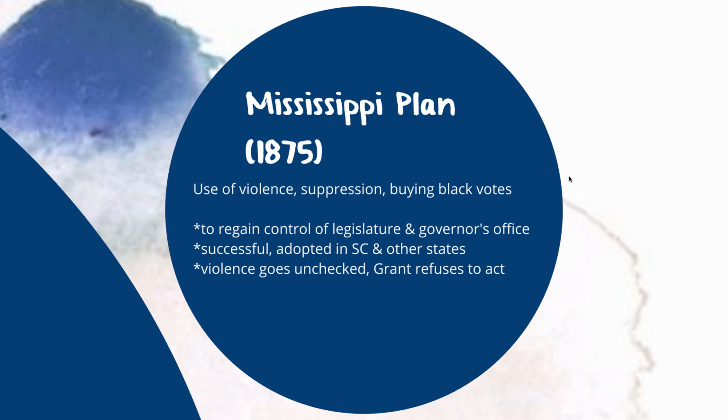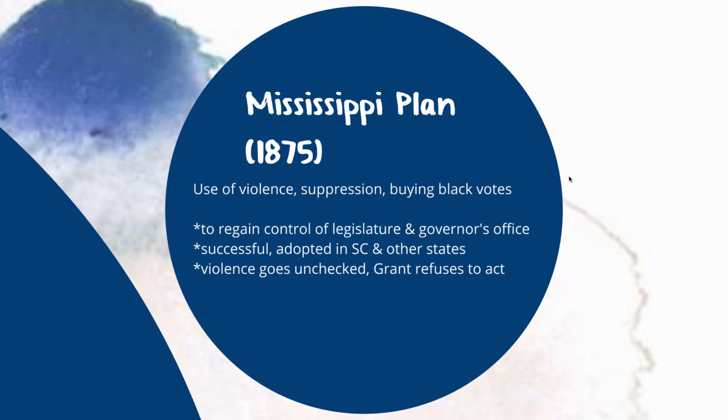And the Mississippi Plan is a use of violence, suppression, and intimidation to instill fear in Black voters and prevent them from voting.